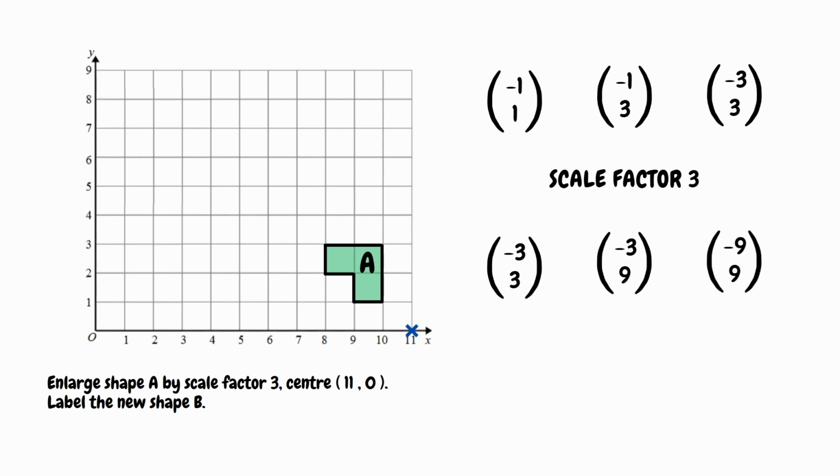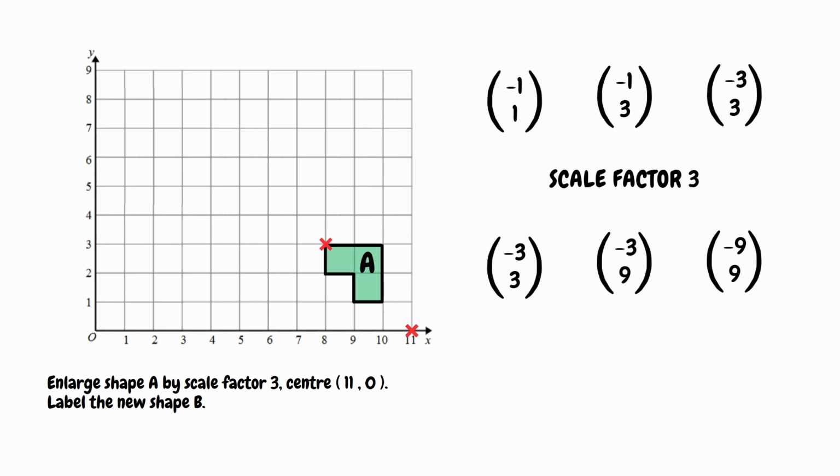So now I'm going to apply those vectors to this center point. So starting at the center point, moving that first vector of (-3, 3), that means we're moving 3 to the left and then 3 up. So that would be our new bottom right corner for shape B. Now for the next vector, we have to start from the center point again. We're going (-3, 9).